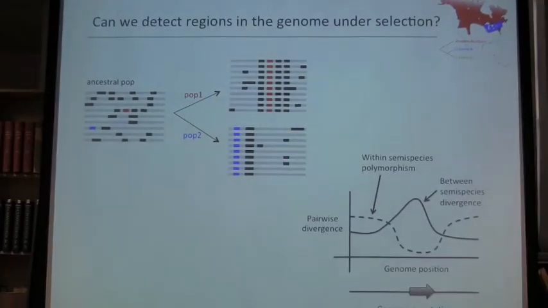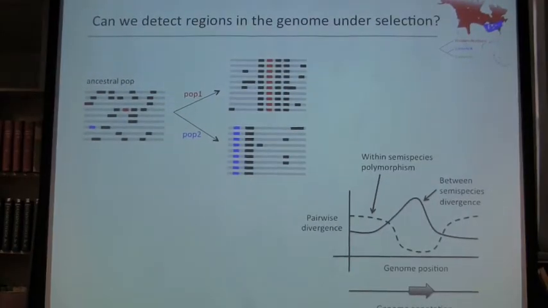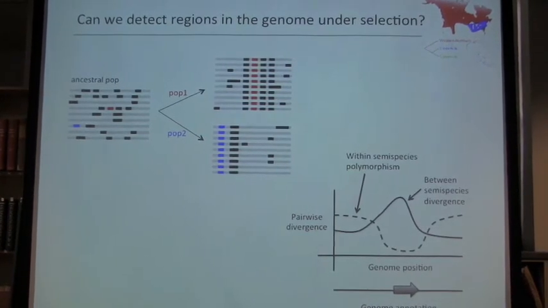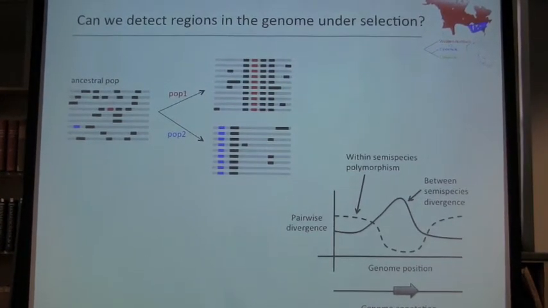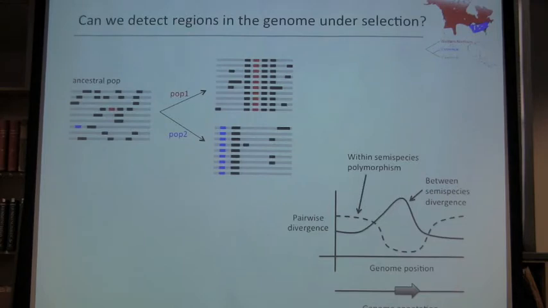A little bit of theory behind what we would expect to see in the genome under a selective sweep: if you have an ancestral population and this red mutation arises that's beneficial for population 1, that will quickly fix along with all neutral variation in that region. And then the same for population 2 with the blue mutation, which is beneficial for that population. That mutation will fix along with its neutral variation in that region.